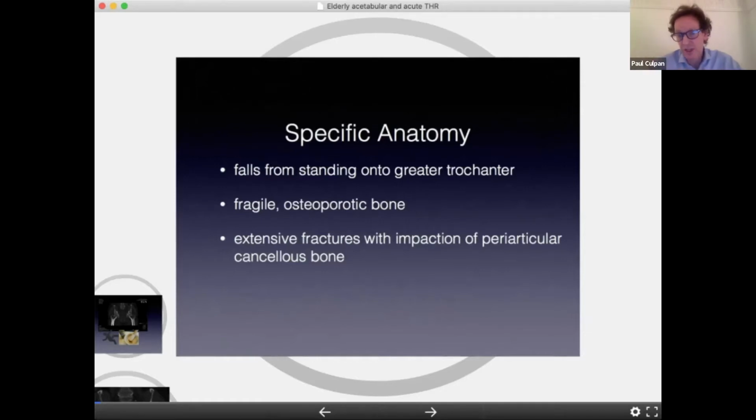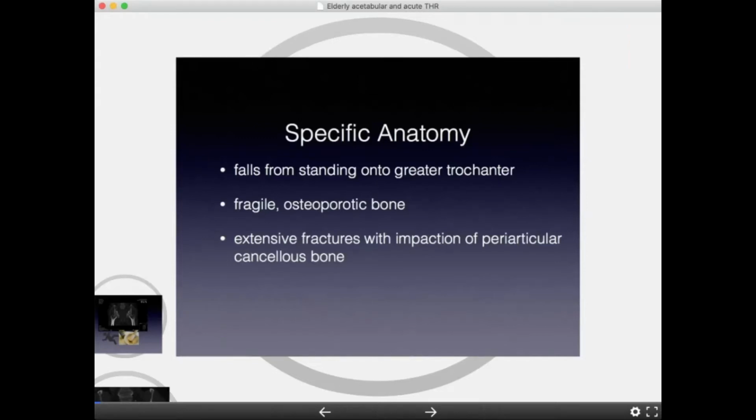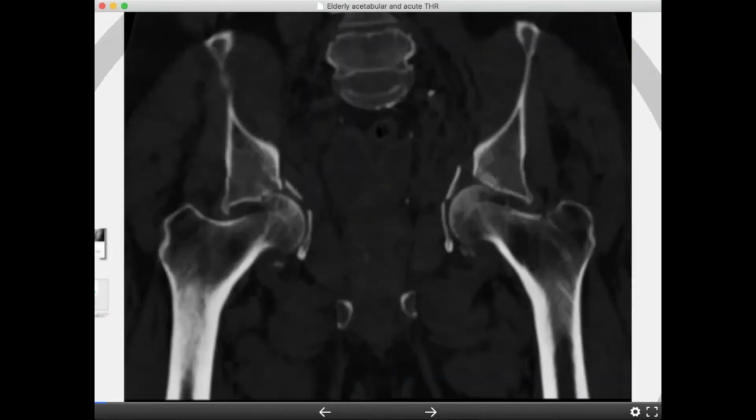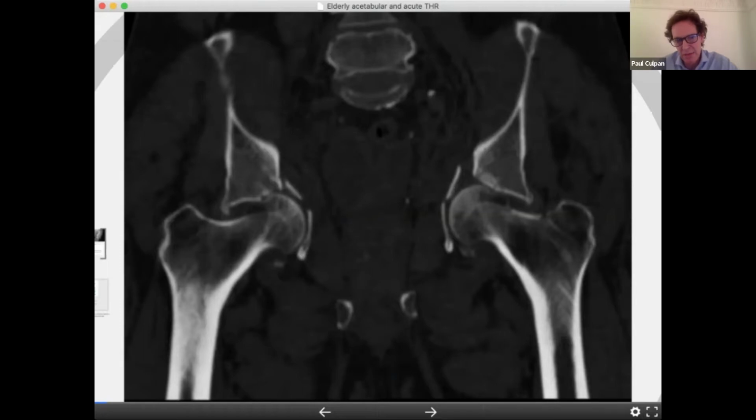Unlike the high energy fractures, where the fractures are quite clean, in osteoporotic bone we're seeing a different pattern of fracture. Unlike the clean breaks, we're seeing deformity around the joint, including the articular surface. And this is very difficult to deal with.